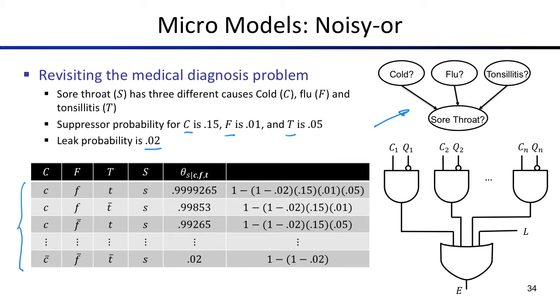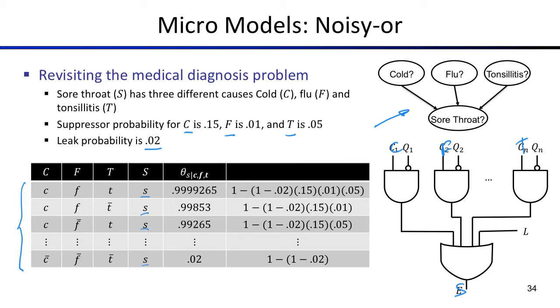So in this example here, just to instantiate, we have cold, we have flu, we have tonsillitis, and here S is going to be sore throat. And we're going to compute the probability of having a sore throat. So here sore throat is going to be true, right?